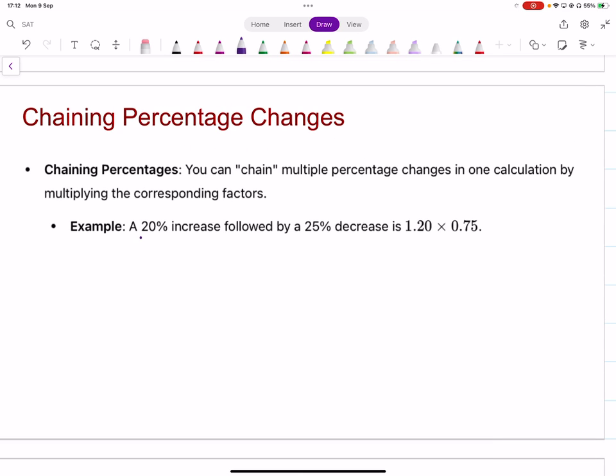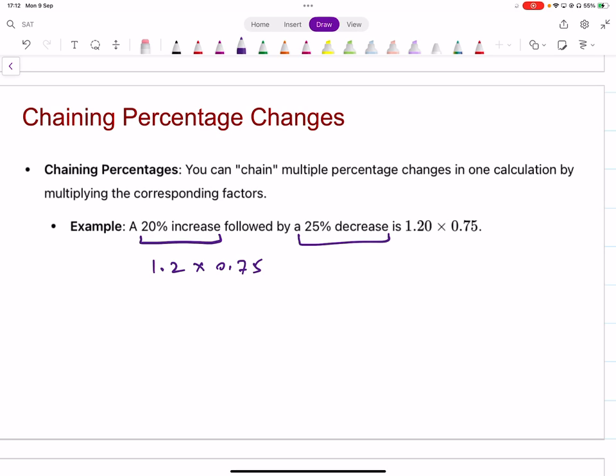If you want to increase something by 20%, what does that mean? What number do you multiply that with? 20% increase. You multiply by 1.2, right? 100% plus 20%, you multiply that by 1.2. And then you have to decrease it by 25%. 100% minus 25%, that's 75%, that's 0.75.